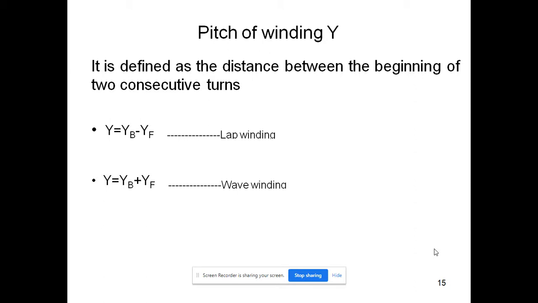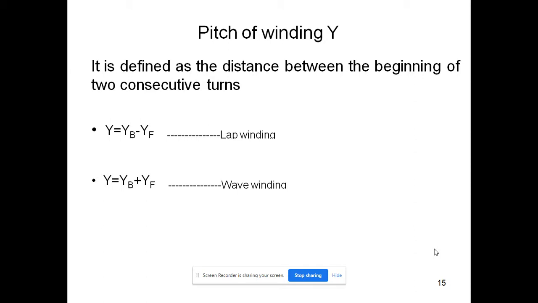Here there will be two types of windings. One is lap winding and the other one is wave winding.